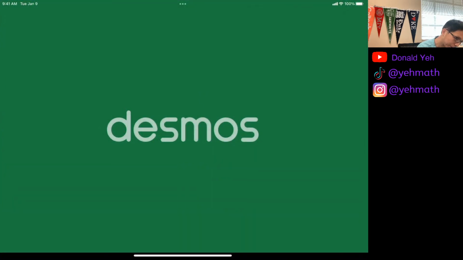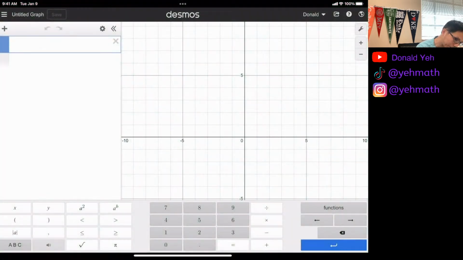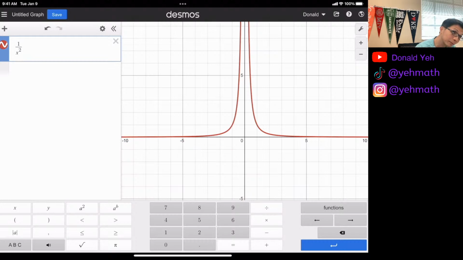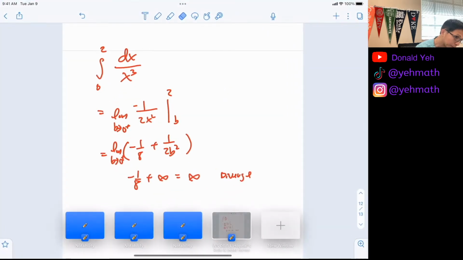Oh, I know what it looks like. It looks like a volcano, because we just went over this yesterday. But x cubed is going to go back to the other side. Yeah, I thought it was like that. We just went over that graph. Oh, that makes sense.